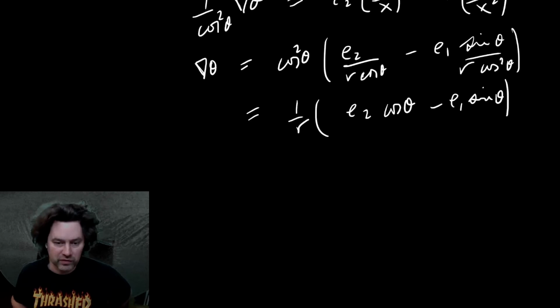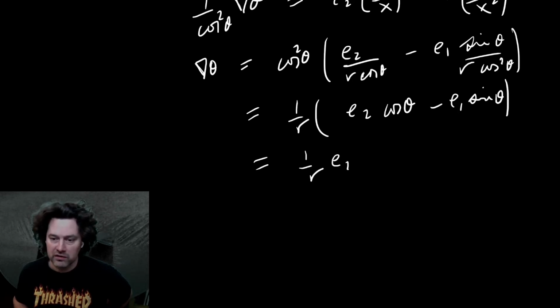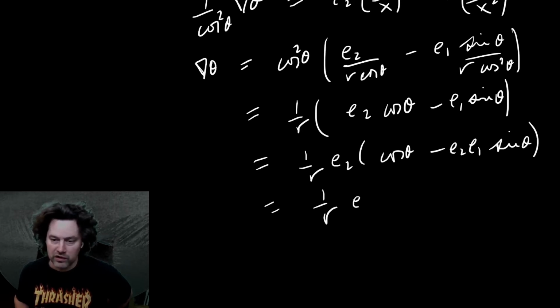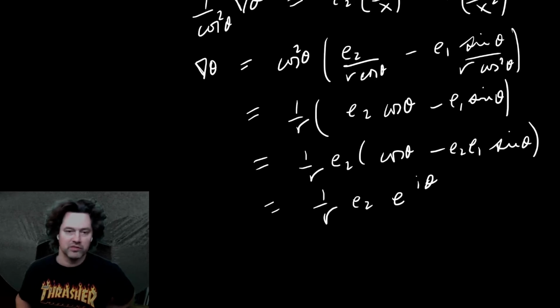That is 1 over r e2 cos theta minus e1 sine theta, which is 1 over r e2 e^(i theta). And that's what we expect.